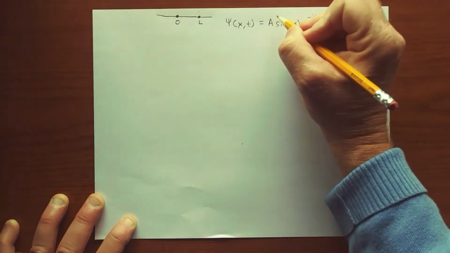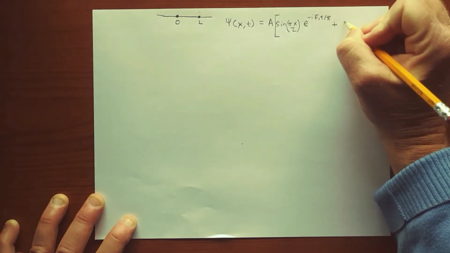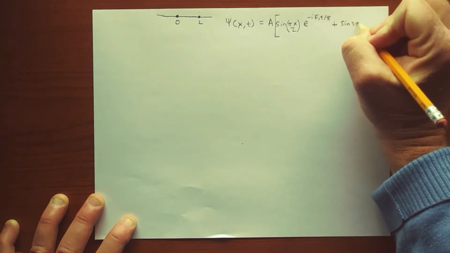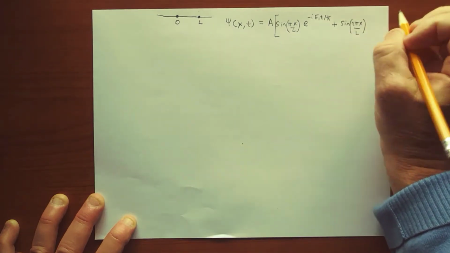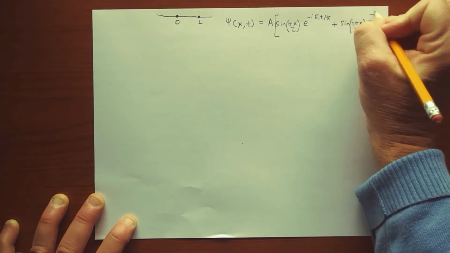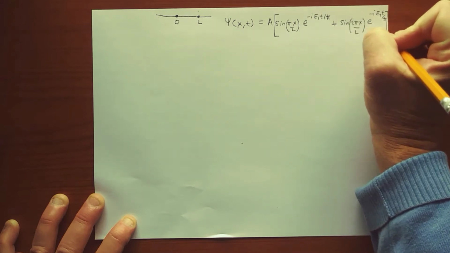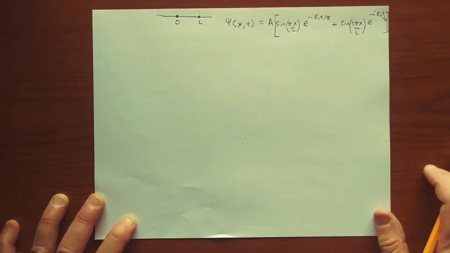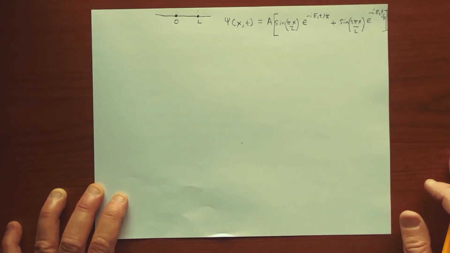Let's pull the A on the outside. Close it off there. So it's a combination of the first two eigenfunctions, the lowest energies.